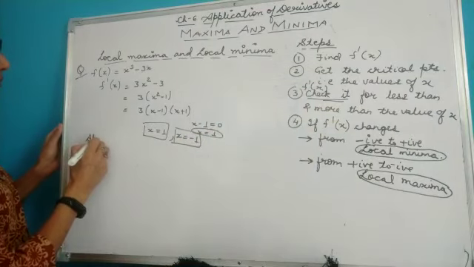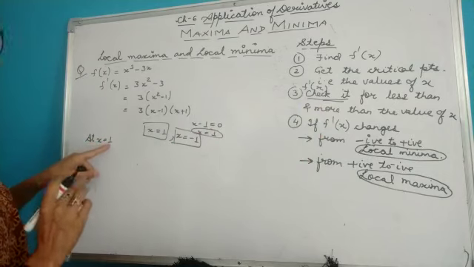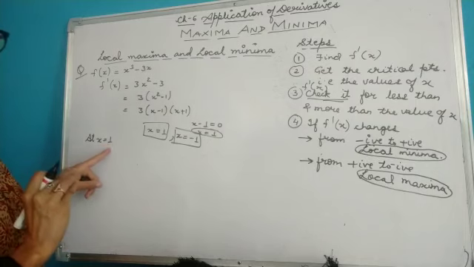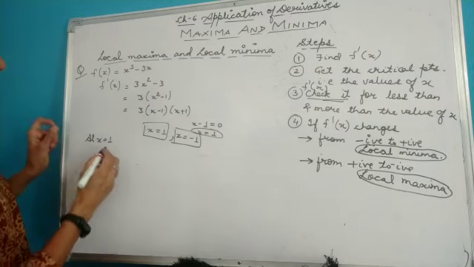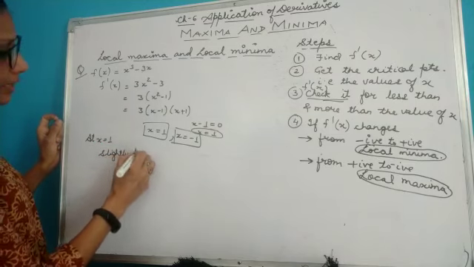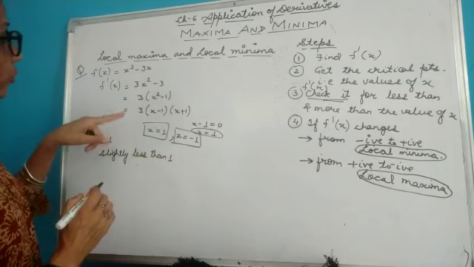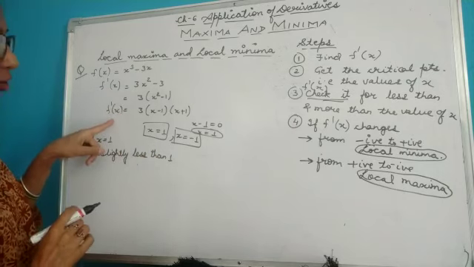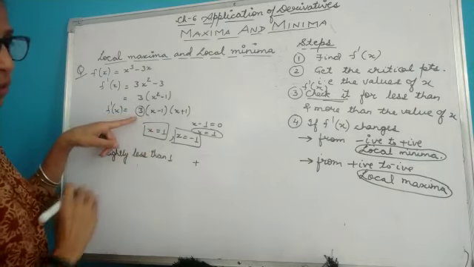That means if I am considering x equal to 1, then I will take a value slightly more than 1, and then I will check f dash x slightly less than x equal to 1. So if I take it slightly less than 1, then you have to check it on f dash x. Now x plus 1 is a positive number, so it will always remain positive.